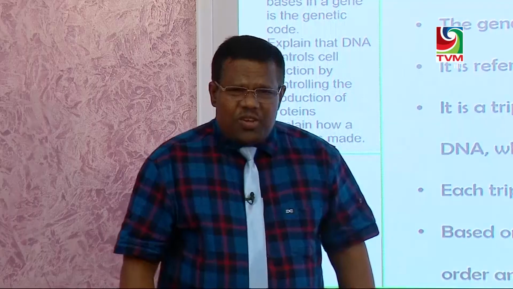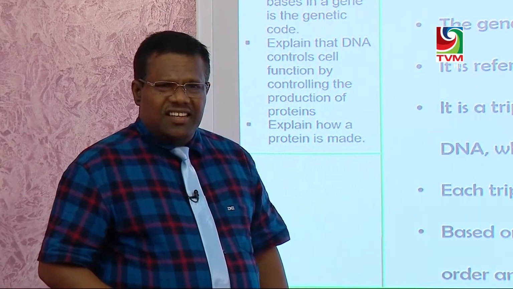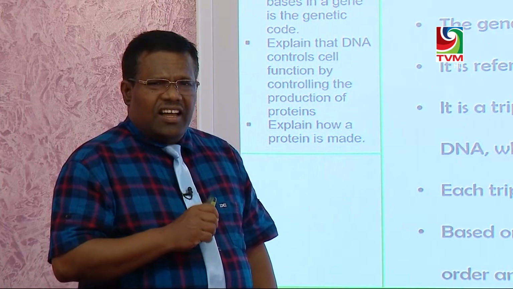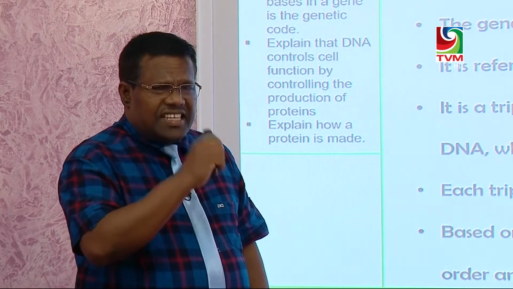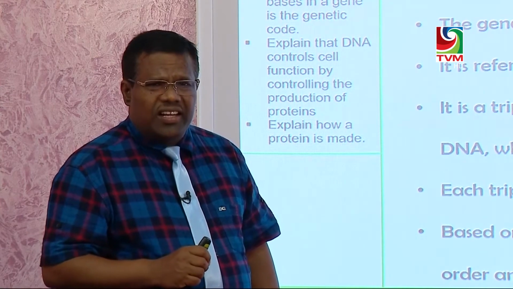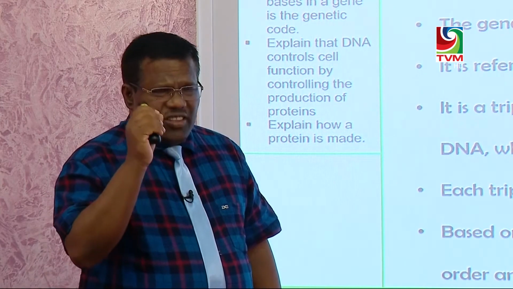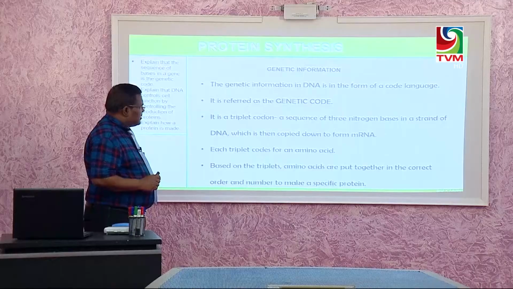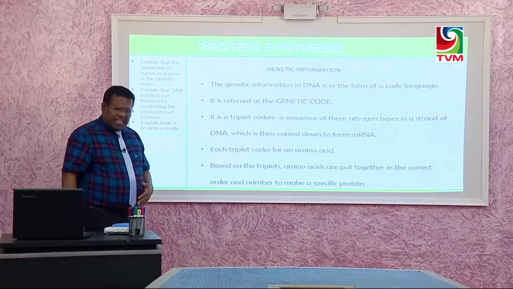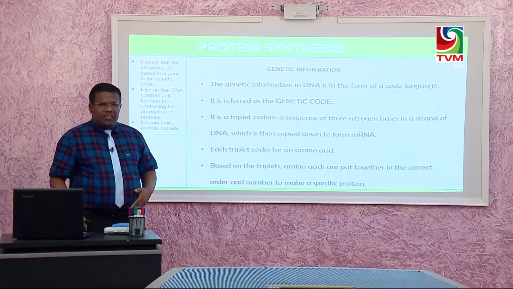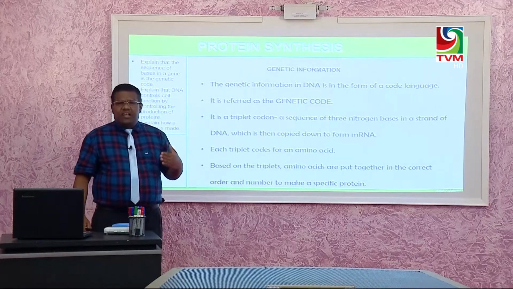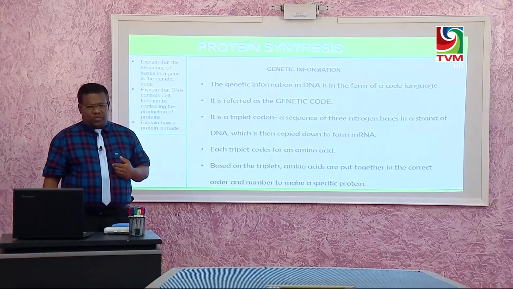Before going into protein synthesis, we have already learned that the gene contains the genetic information. That is why the length of DNA is considered the genetic material. Scientists were trying to find out in what way this genetic information is stored.